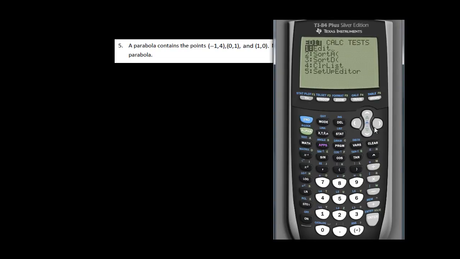So let's go to the edit screen. Clear it all out. Enter our x values: -1, 0, 1. And the y's: 4, 1, 0.